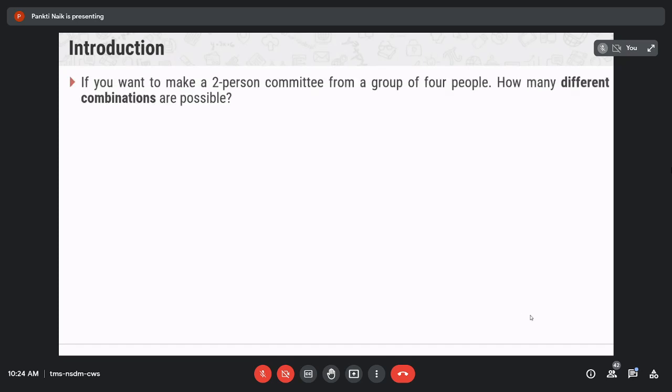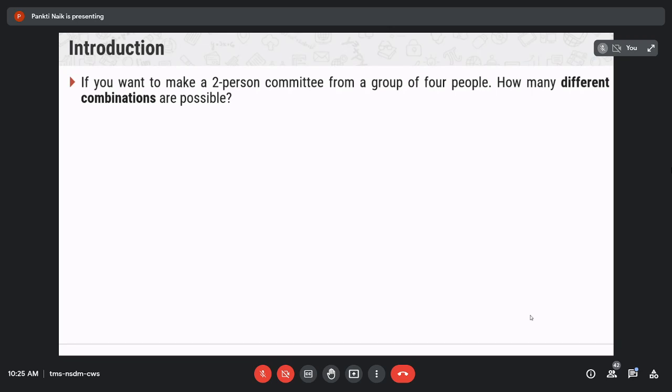So what is a binomial coefficient? If you want to make a two-person committee from a group of four people, how many different combinations are possible?